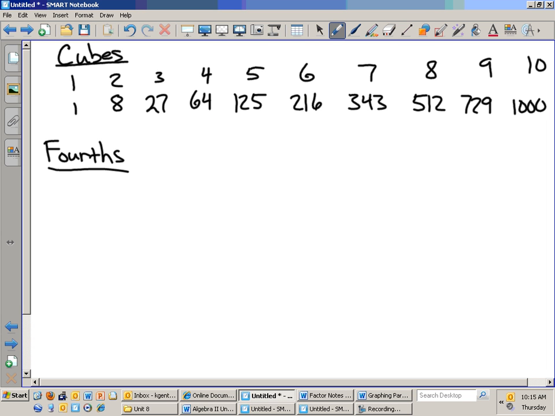Spend a little bit more time, we'll just look at fourths. So you can see that when you cube something, it's bigger a lot more quickly than the squares. So we get to 1,000 much more quickly with cubes.